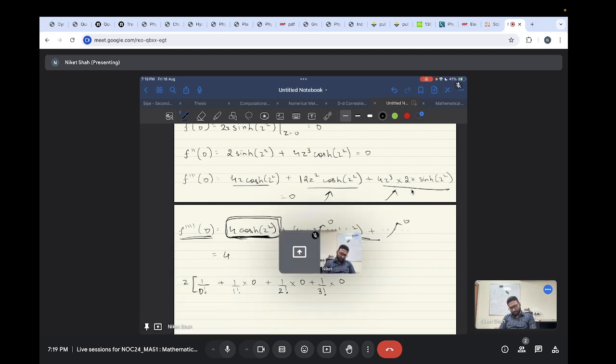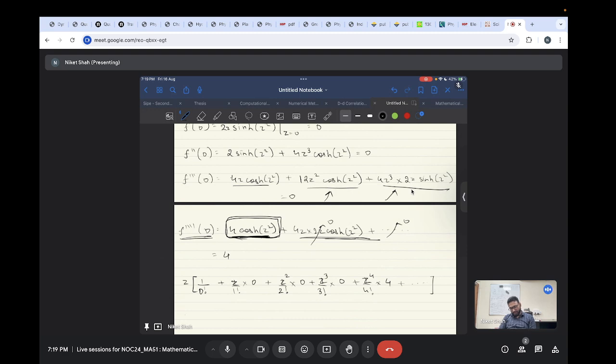Plus 1 by 4 factorial into the fourth derivative, plus again, and here I have constant, here I have z, here I would have z square, z cube, z raised to power 4, plus dot dot dot.